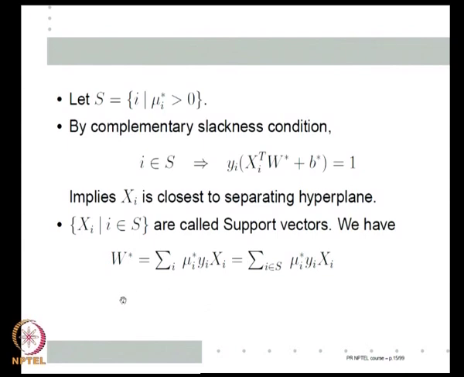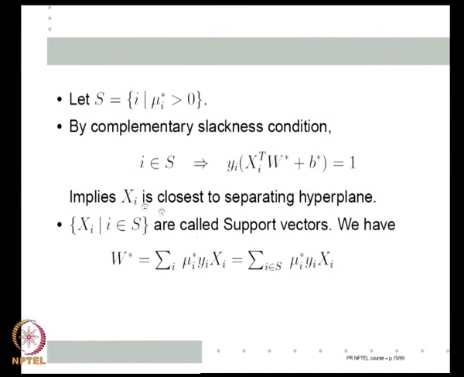And my optimal w star, I already know, is the summation over i of mu i star y i x i. The summation need be taken only over those mu i star which are strictly greater than 0. So, essentially my w star is a linear combination of the support vectors, if I define these as the support vectors.